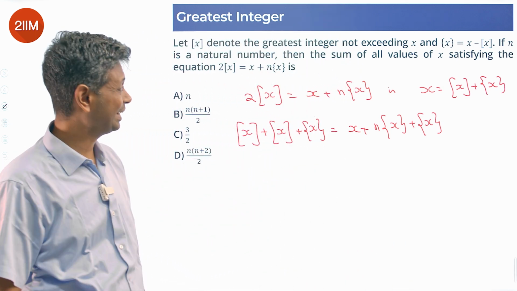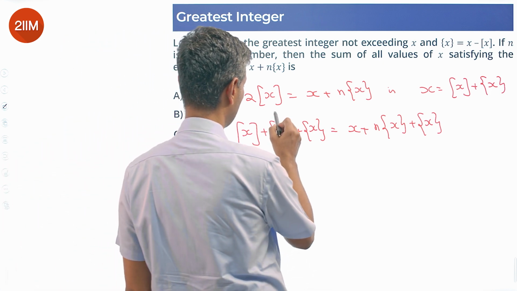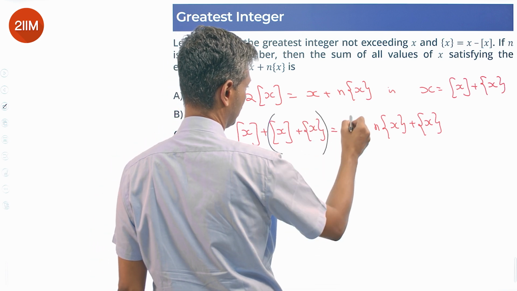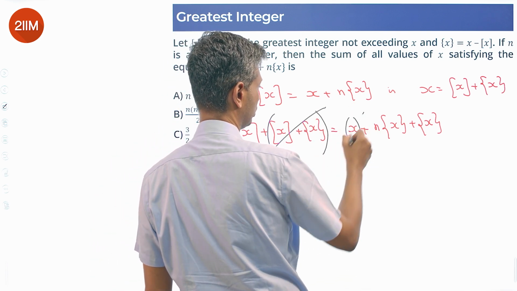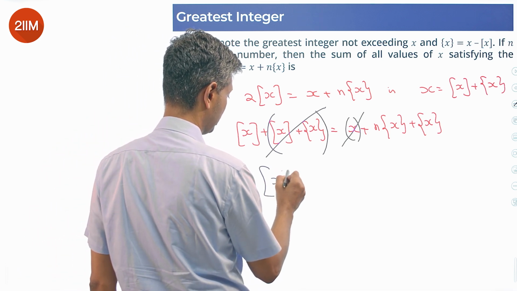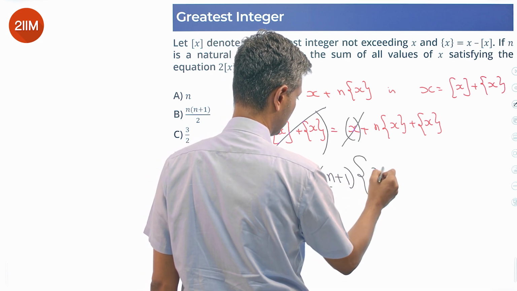What am I doing? I'm adding decimal part of x to both sides. Why am I doing that? Because here I can identify an x here and an x here. These two disappear. We simply have a situation where we have greatest integer of x equals n plus 1 times decimal part of x.